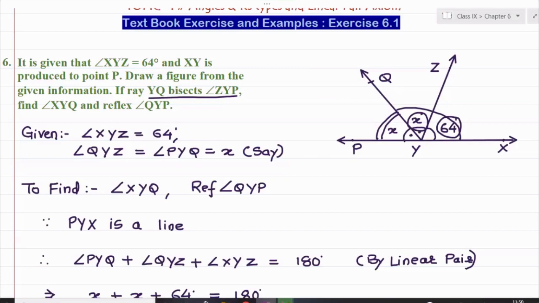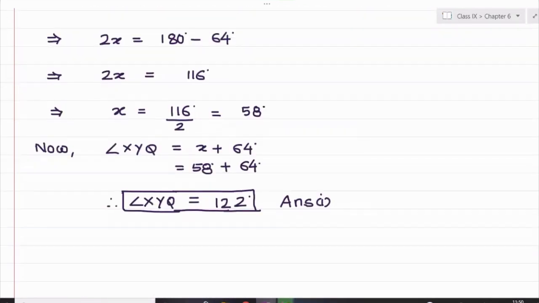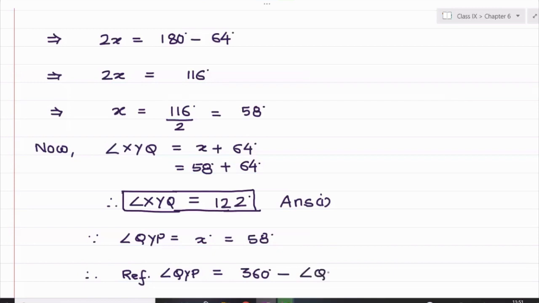So see, first I will write down here, since angle QYP is equal to x degrees, which is equal to 58 degrees. Therefore, reflex angle QYP is equal to 360 degrees minus angle QYP.